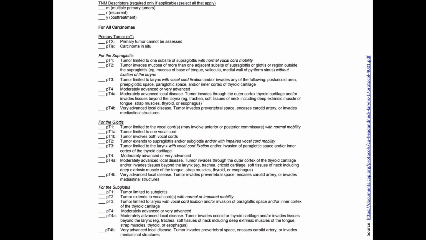Because between the T stage and the N stage, there's a lot of information to sift through, and I'm sure I'm not the only one who feels overwhelmed when trying to figure out what information is important to include in the gross in order to help ease the process of staging these tumors.